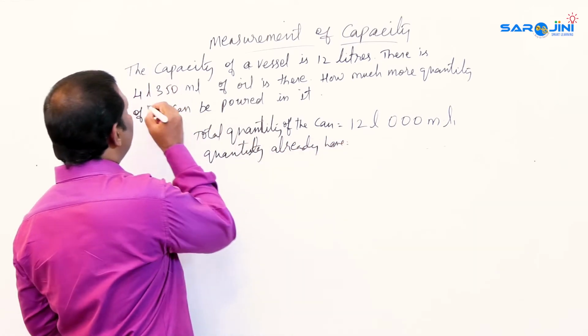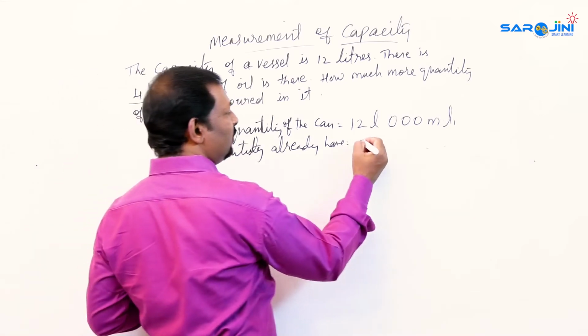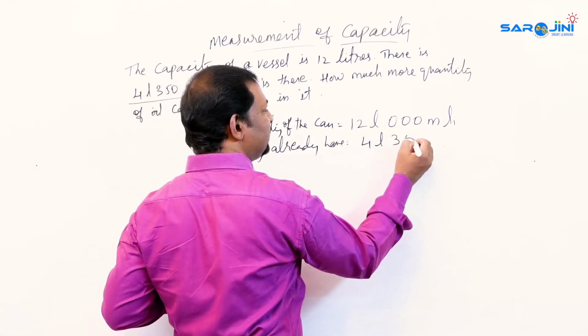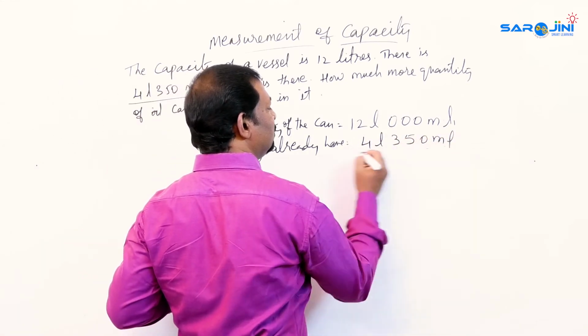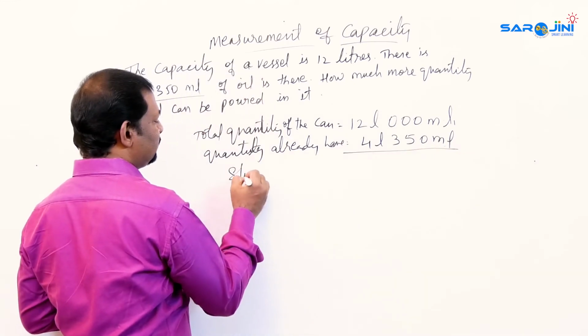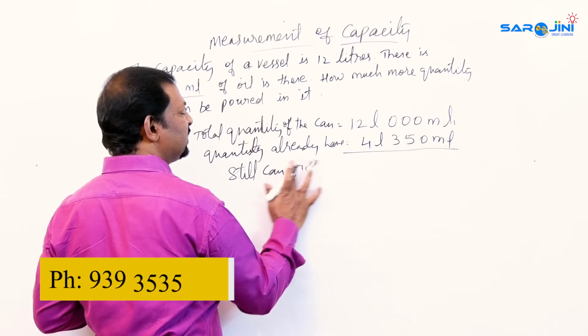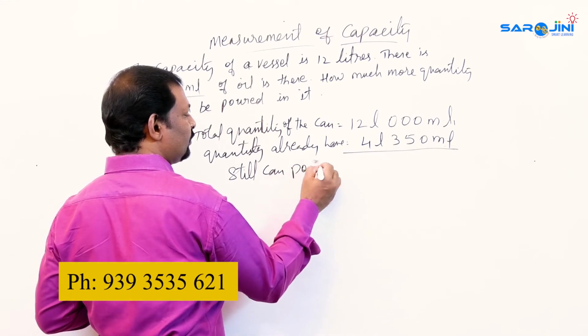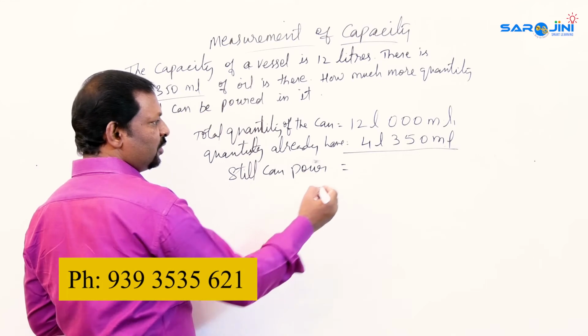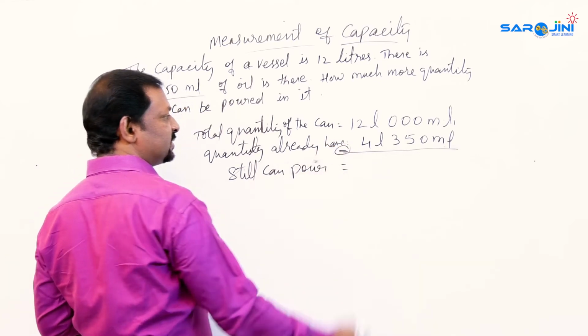What is the quantity we have? 4 liter 350 ml. 4 liter and 350 ml is there. So still, how much can we fill or pour? Now we have to subtract.